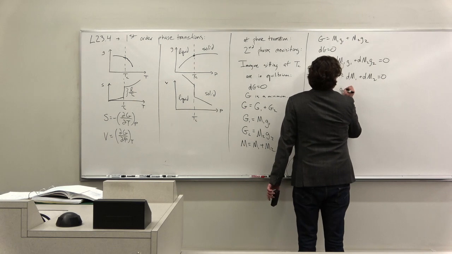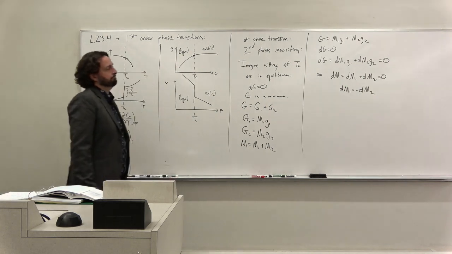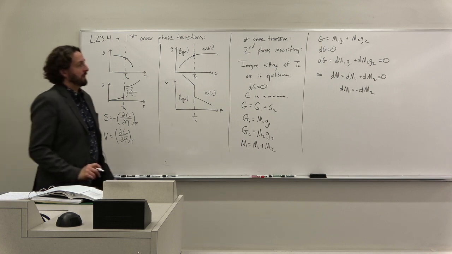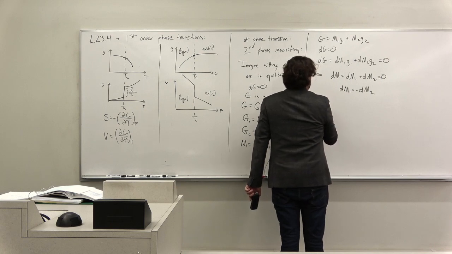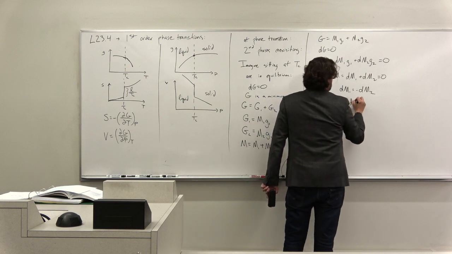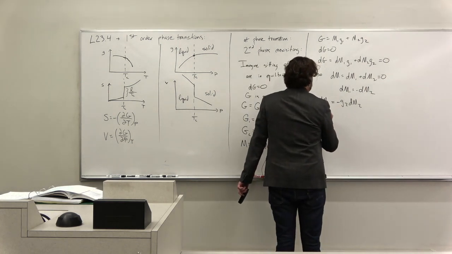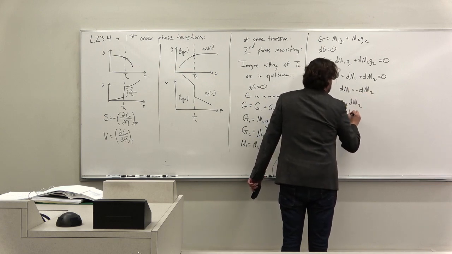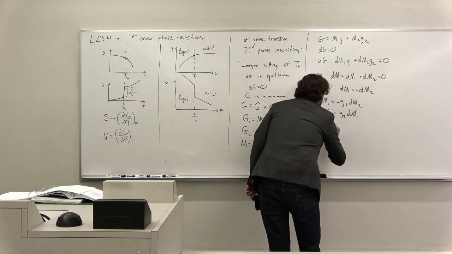That is, dm1 is equal to minus dm2. So let's put that in there. We can say g1 dm1 equals minus g2 dm2. So we can write g1 dm1 equals, well, that's minus a minus, that's g2 dm1. And those cancel, and we can say g1 equals g2.